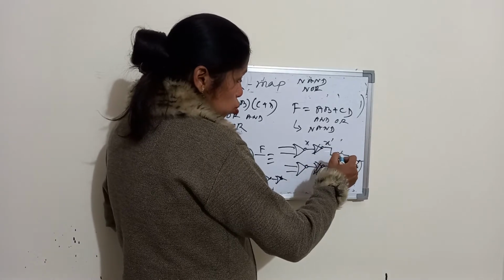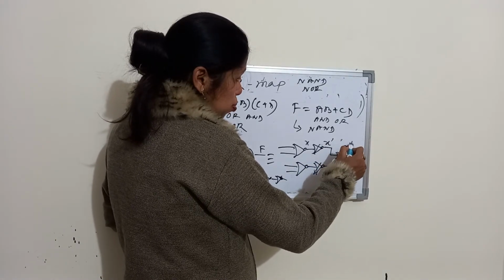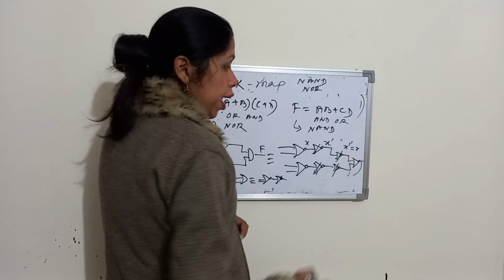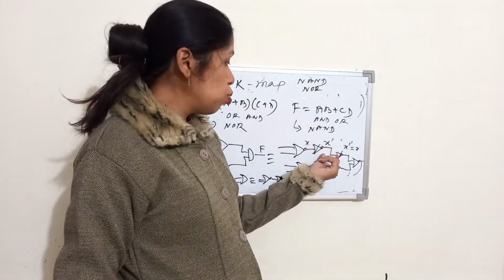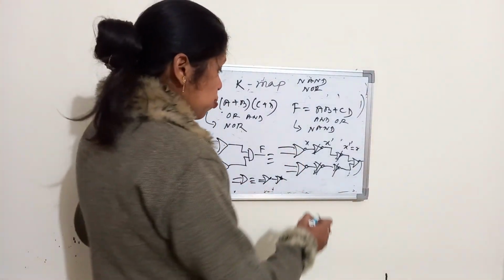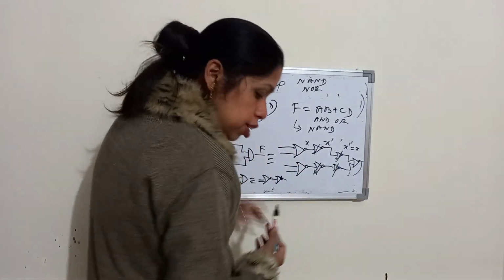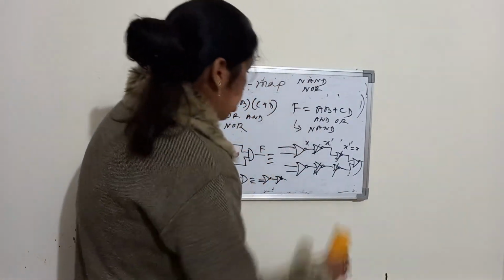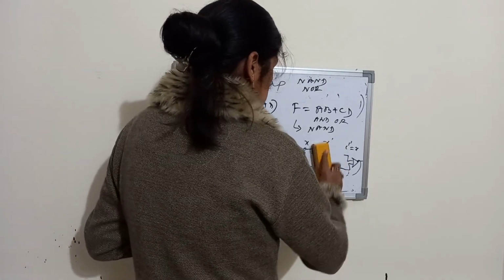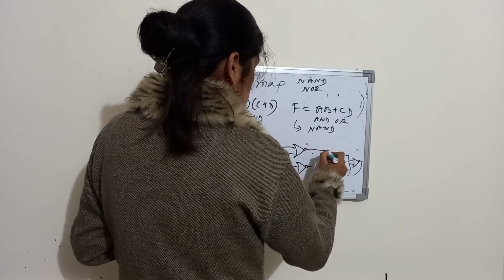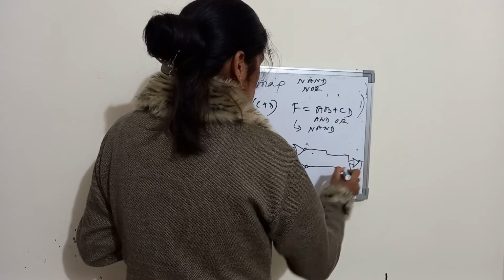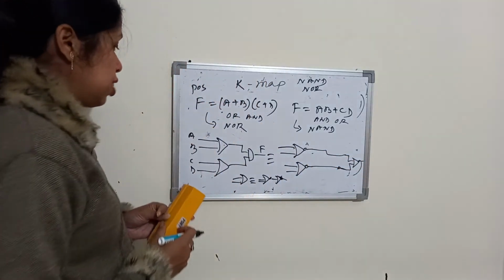Again, if you do the operation again here, X prime prime, that means it is also X. So here I am getting X and here also I am getting X. So you can remove these two gates. Okay, here also you can remove. So that means this circuit is equivalent to this circuit, right?